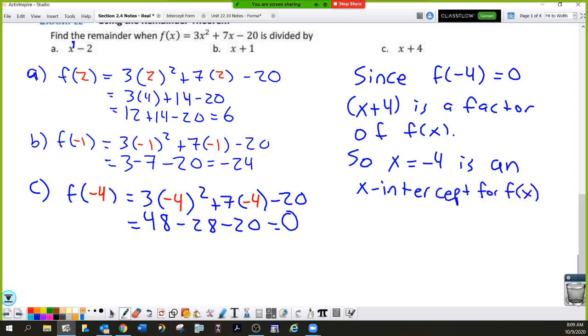And that is power right there, folks. That's going to help us graph this function. We now know where one of its x-intercepts is. And that's the whole point of this. The whole point is trying to identify x-intercepts quickly and as efficiently as possible. That way we can graph polynomials of higher degree.